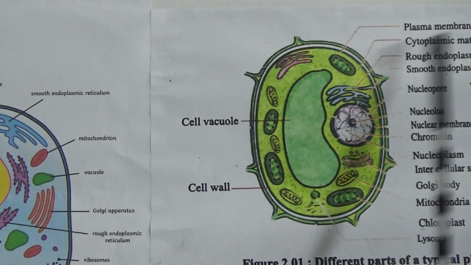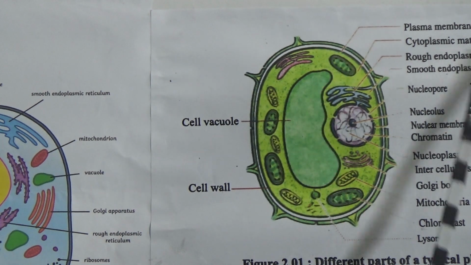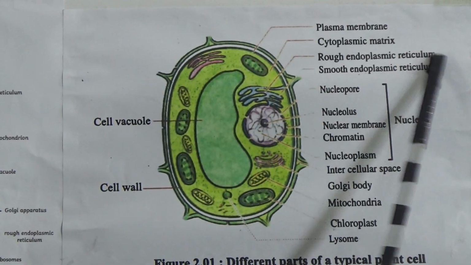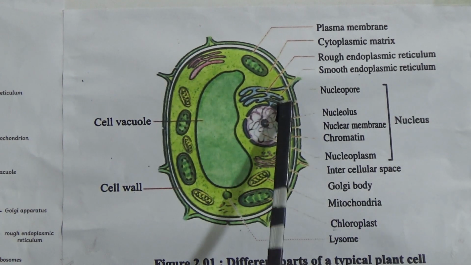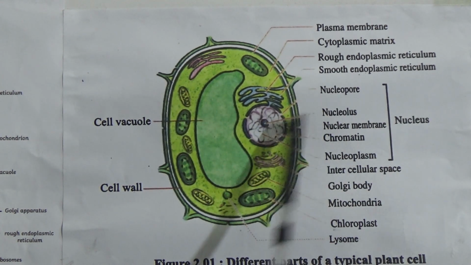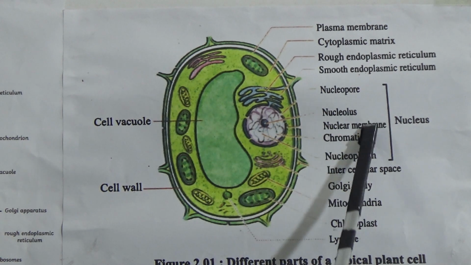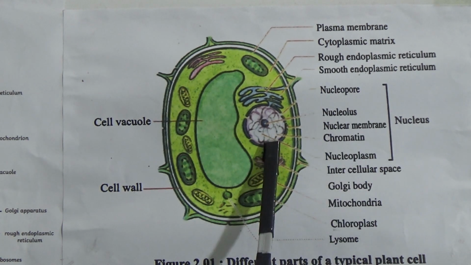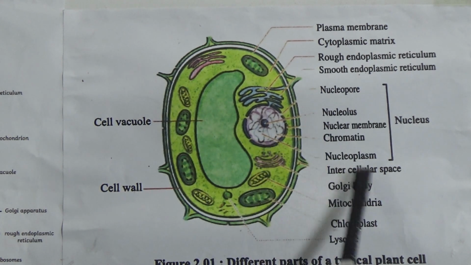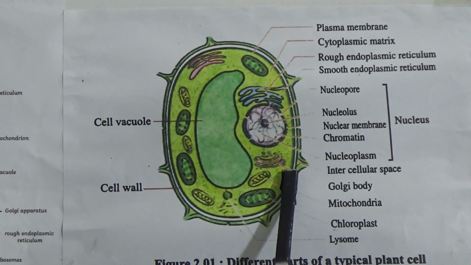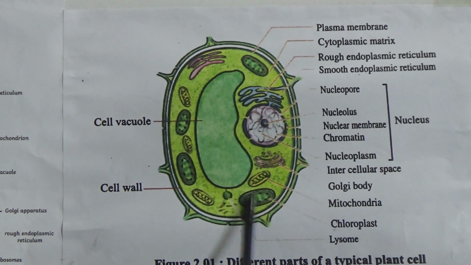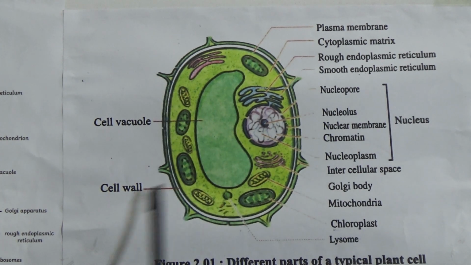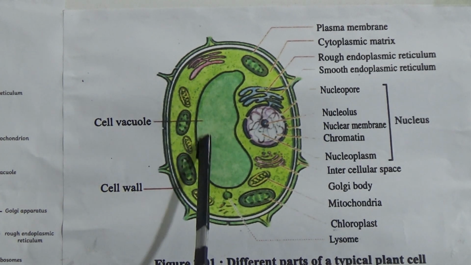We find plasma membrane, cytoplasmic matrix, rough endoplasmic reticulum, smooth endoplasmic reticulum, nuclear pore, nucleolus, nuclear membrane, chromatin, nucleoplasm, intercellular space, Golgi body, mitochondria, chloroplast, lysosome, cell wall and vacuole.